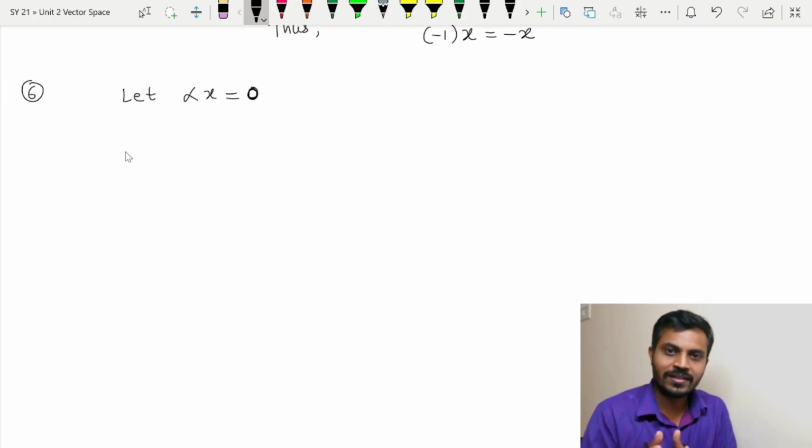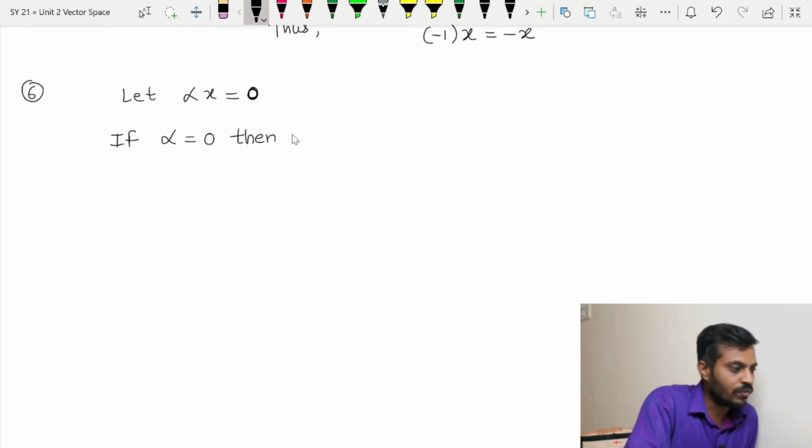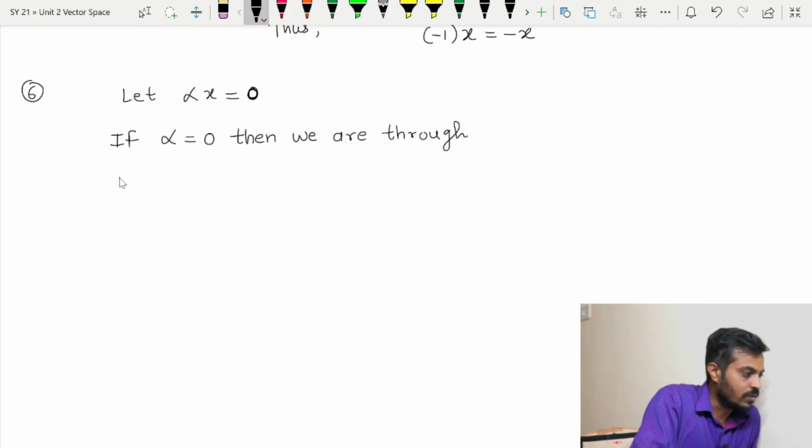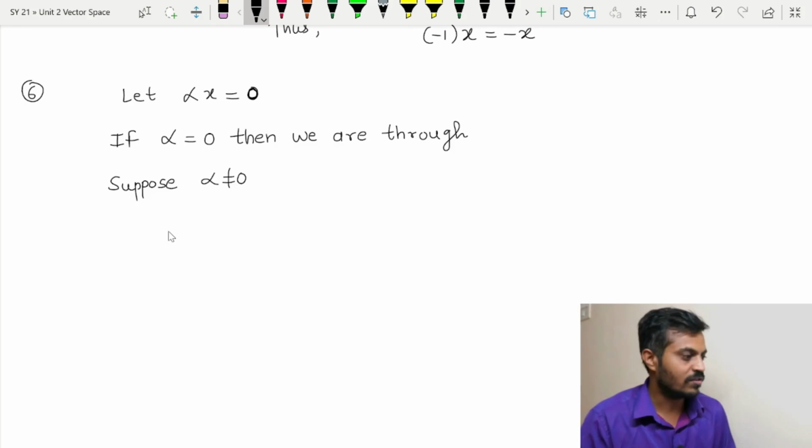So if alpha is equal to 0, then we are through because that is exactly what we wanted to prove. Okay, so let us assume, suppose alpha is non-zero.